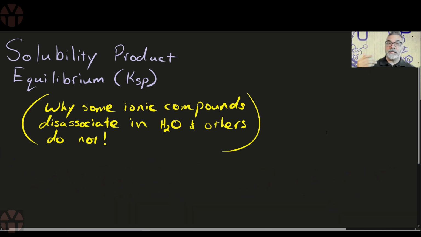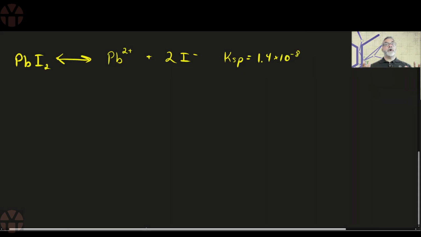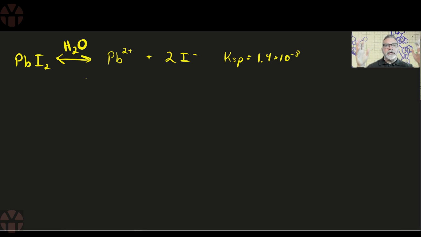And so what we need to figure out then is, well, what do you mean by to an extent? And so in order to help us understand this idea, let's take a look at our equation over here, where we're going to take lead 2 iodide and put it into water. Now here is the typical trap. When I put lead 2 iodide into water, what you should immediately think of is that lead is one of our fat bastards.